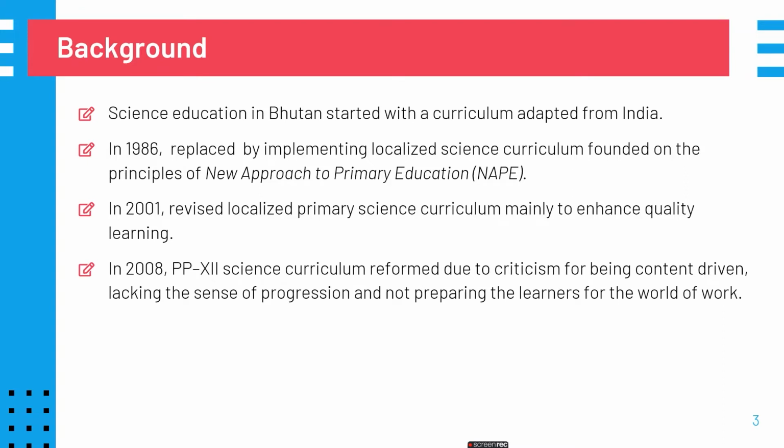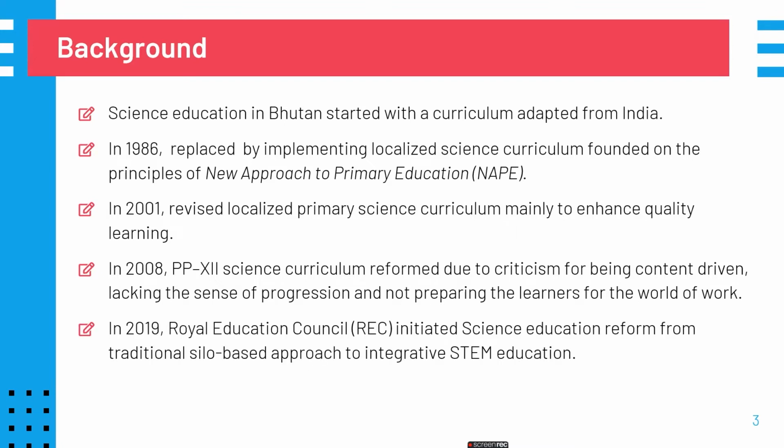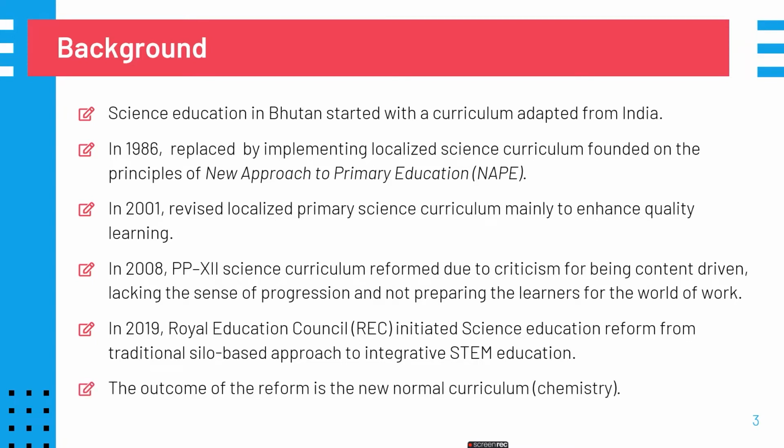In 2008, there was a major reform in the PP-12 science curriculum to make learning science more relevant to the changing times. In 2019, the Royal Education Council initiated science education reform based on its STEM approach to learning science, of which the new normal chemistry curriculum is the outcome.